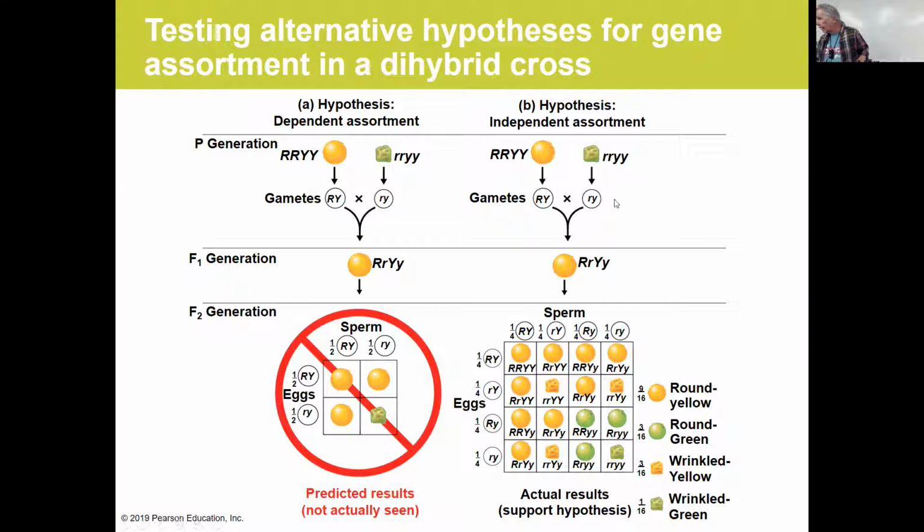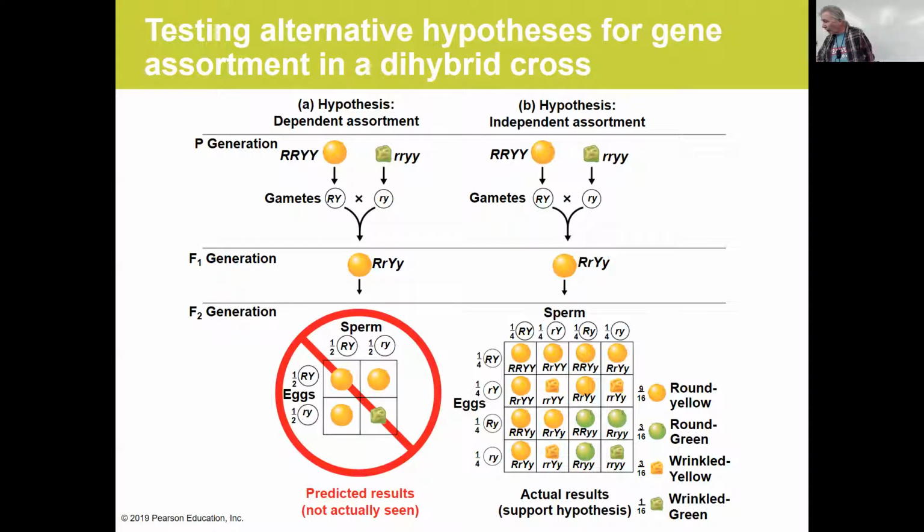If it's independent assortment, then you're going to be making what are called recombinant gametes. You won't just make big R, big Y, and small r, small y. You also make small r, big Y, and big R, small y. Those are called recombinant gametes. And you're going to have 16 genotypes, not all of them unique.